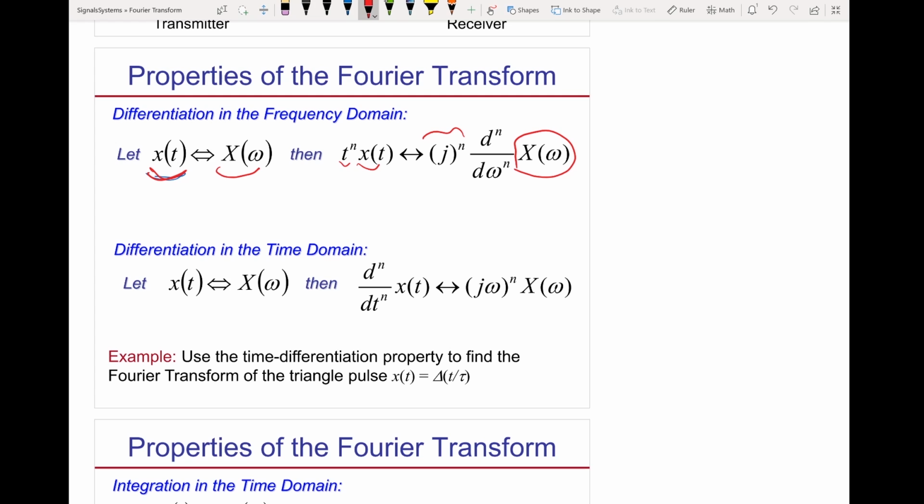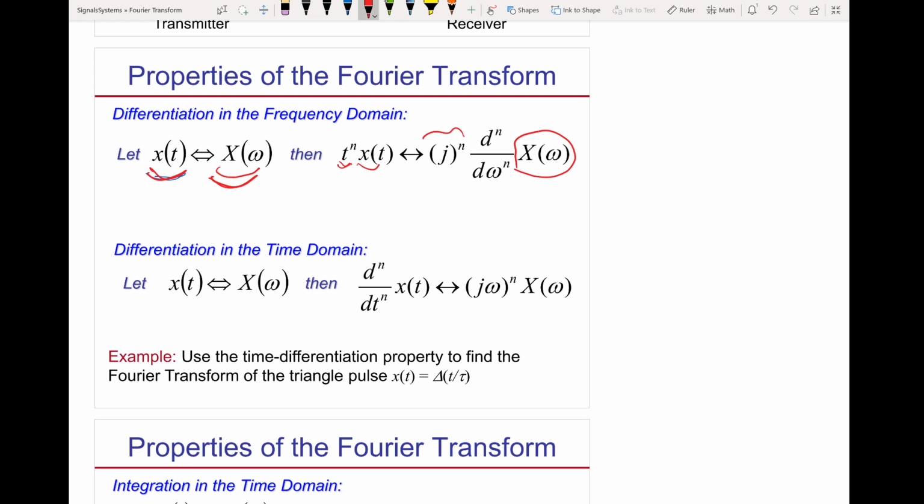So if I need the first derivative of the spectrum, multiply in the time domain by t to the power of 1 and take the Fourier transform. That will give you the derivative of the original spectrum. And a derivative usually tells us how fast the signal fluctuates, how rapidly it changes in time or in frequency. And there are other applications for it.